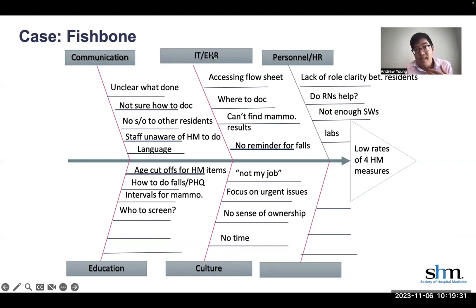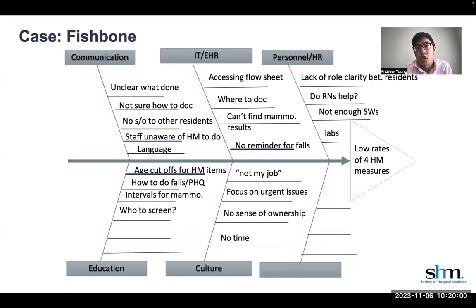What are the IT/EHR factors? What are the personnel and human resources factors? What are the educational factors? What are the culture issues that lead to this? And there may be a 6th category. Under each one, you brainstorm things that fall into that category. Having these broad categories helps you make sure you're thinking about things in each category. So here, communication, maybe it's unclear what should be done.